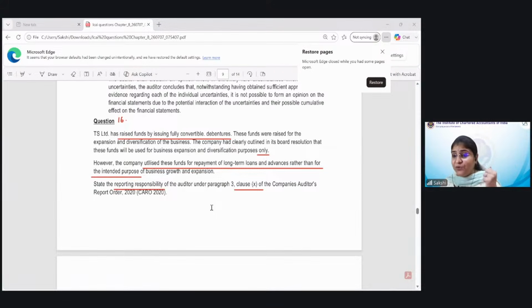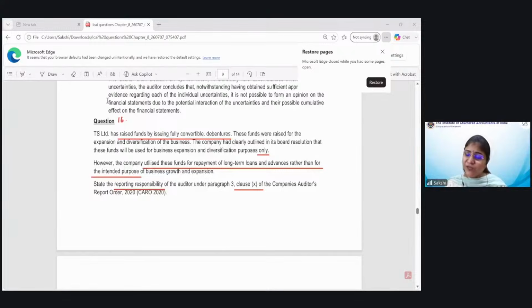Then you have to see where the company has made preferential allotments or private placement, compliance of section 42 and section 62. Again it has to be used for the intended purpose. If not, you give the details of the amount involved and nature of non-compliance.